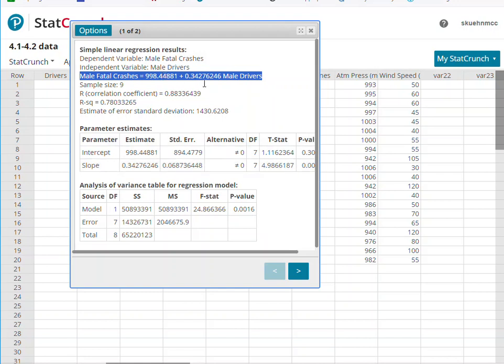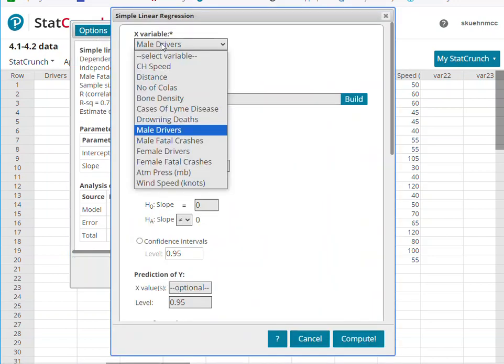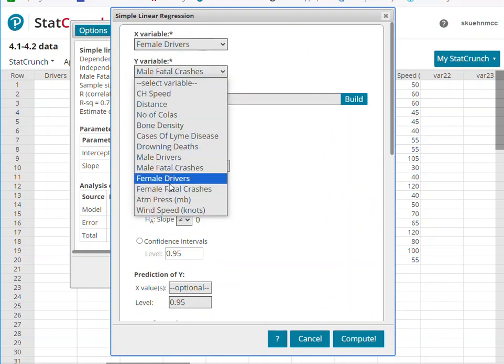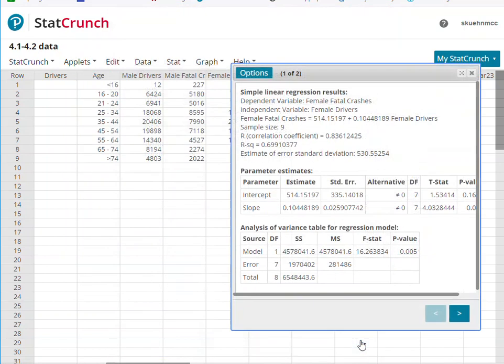So we have our equation we want to identify, and I want to do the same thing for the female crashes. I can either exit this and regenerate it, or I can change the X variable to now be the female drivers with the female fatal crashes, and I can hit compute, and you'll see that I have the same type of equation listed right here.